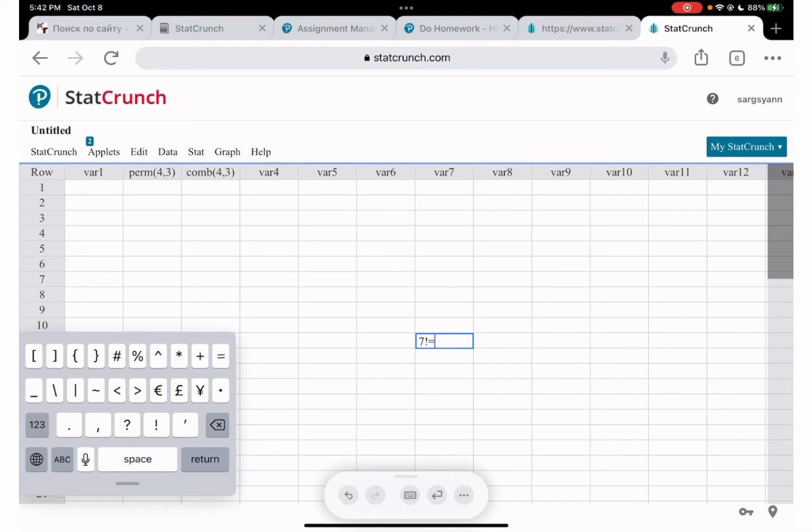And that is going to be equal to 7 times 6, I'll explain, times 5 times 4 times 3 times 2, and at the end times 1.